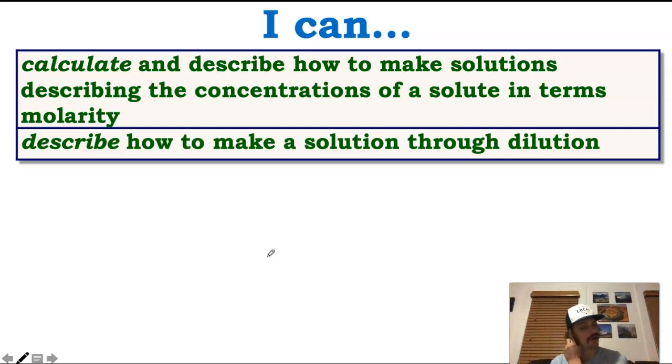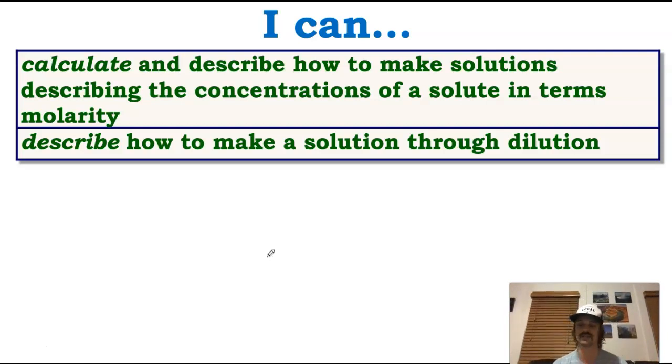All right, so this class, when you leave here, you should be able to describe how to make a solution, how to describe what the concentration of that solution means in molarity, and there's going to be 2 ways we're making those solutions, using a solid or diluting a strong solution, and those are typically the 2 ways that I make solutions.